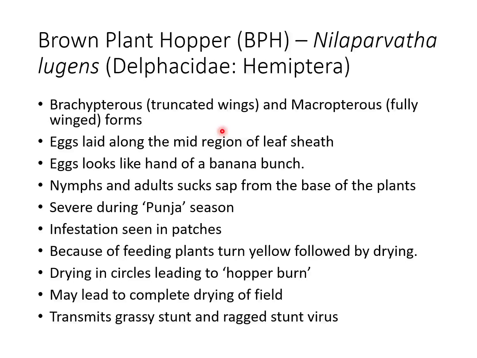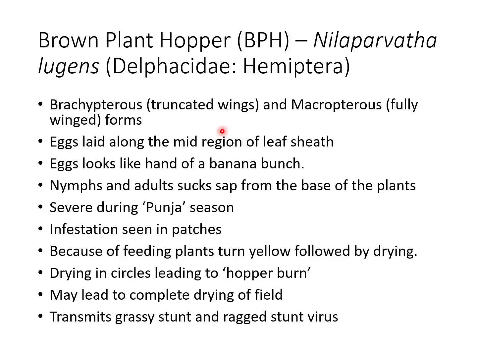Another important feature of brown plant hopper is that it is a vector of viral diseases such as grassy stunt and ragged stunt. So remember, with BPH we have brachypterous and macropterous forms. The nymphs and adults suck sap from the base of the plant. Because of this, we can see the field drying up in patches, especially in circular patches, and this is called hopper burn.